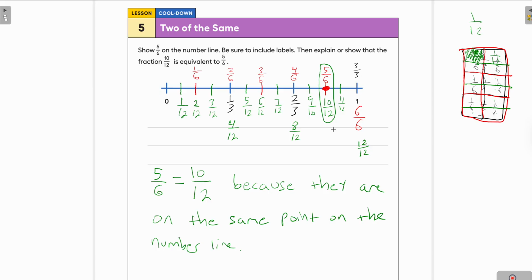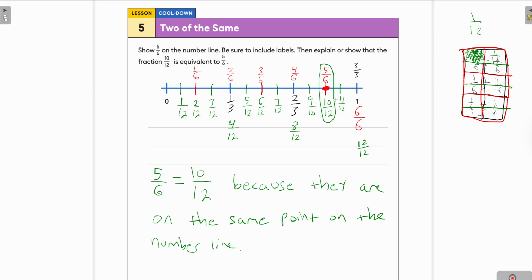Okay, so as you can see, 5/6 and 10/12 are indeed equivalent. They are equal. They have the same value because they are on the same point on the number line.